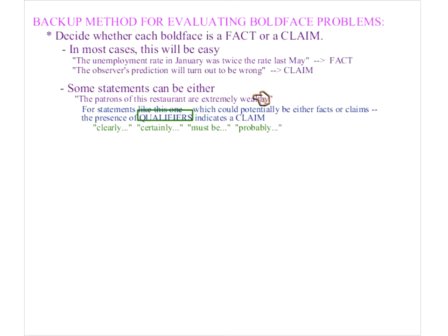If you say must be, that means you're seeing the cars they drive, or you're seeing the food or wine they buy, and you're inferring that they must be wealthy. So, give me a smiley face if you understand, A, the distinction between claim and fact, and B, how to tell, especially in borderline cases like this.